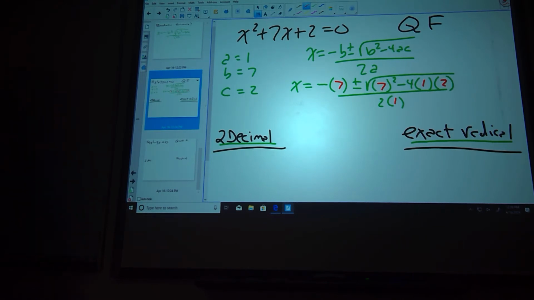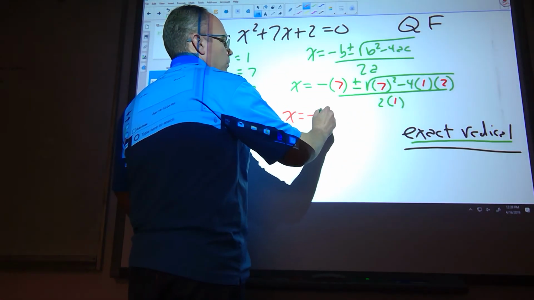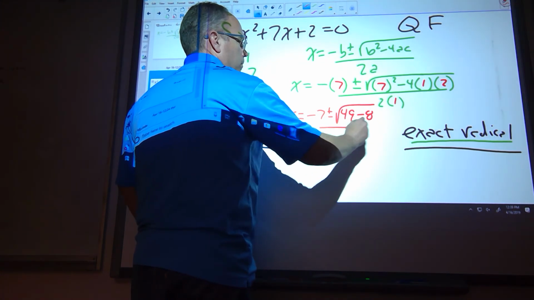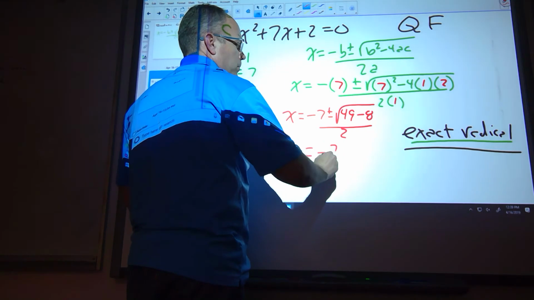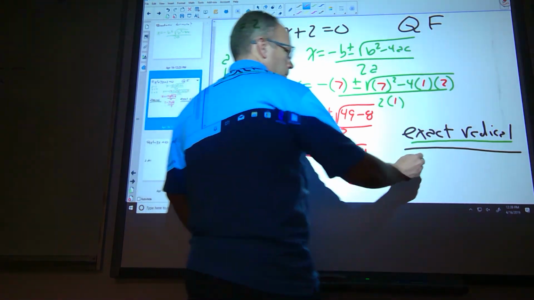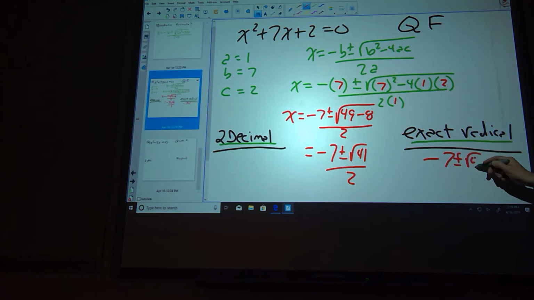Do you agree with that so far? Of course. Plus or minus the square root.